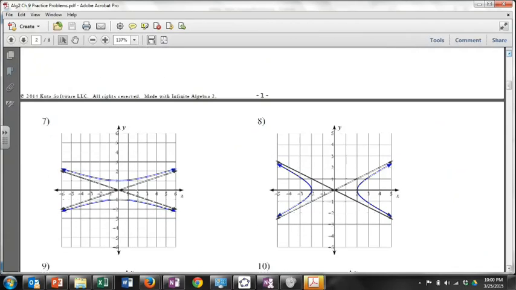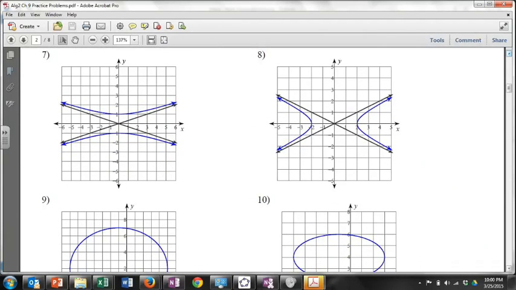Let's move on. Number 7, hyperbolas. The form for a hyperbola that goes up and down is y squared over ry squared minus x squared over rx squared is equal to 1. In this case, we need to find the value of ry and the value of rx.